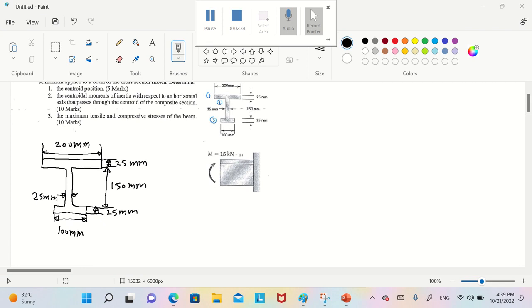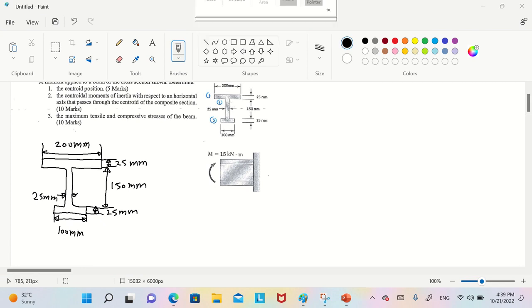Okay, now we need to find the centroid of this one. Where is the centroid over here? So we need this one number 1, this one number 2, and this one number 3.